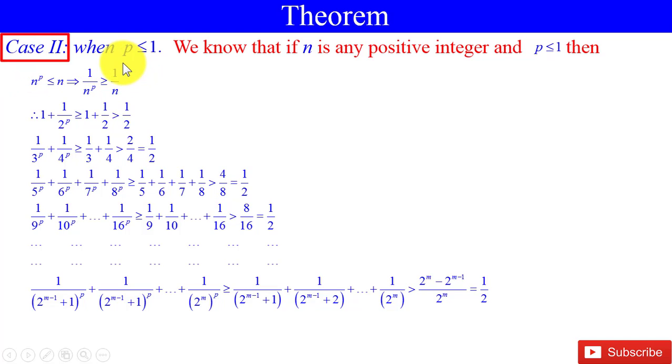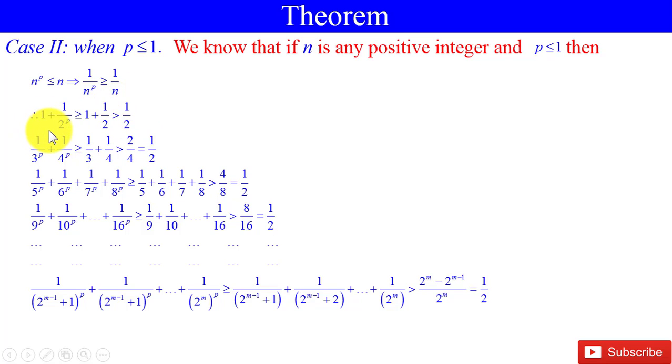Case 2. When p is less than or equal to 1, we know that if n is any positive integer and p is less than or equal to 1, then n raised to the power p is less than or equal to n, which implies that 1 by n raised to the power p is greater than or equal to 1 by n.